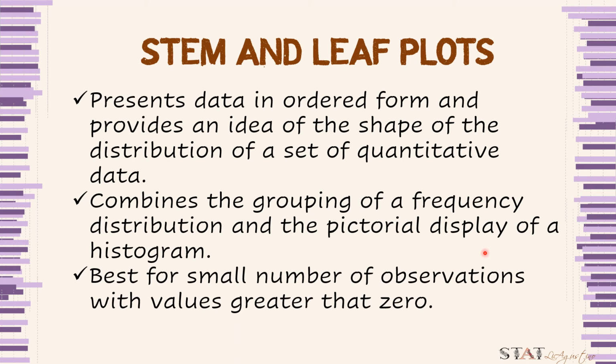And it is best for a small number of observations with values greater than 0. This is just a typo error, than 0. And it is also called a stem plot. Why stem? Because there is a leaf and there is a stem. So stem plot, just like a plant.